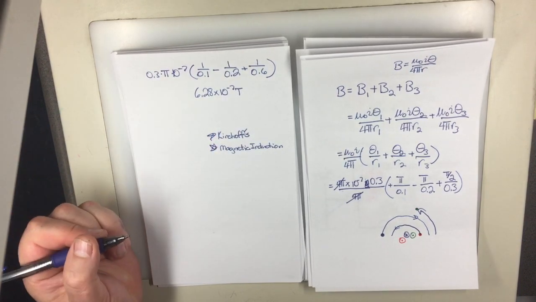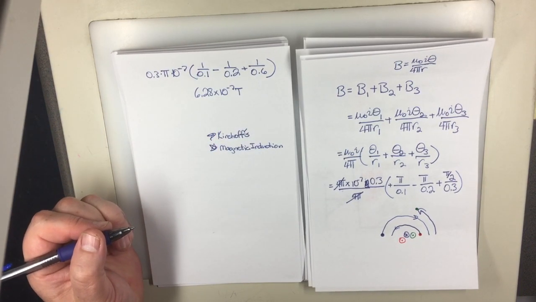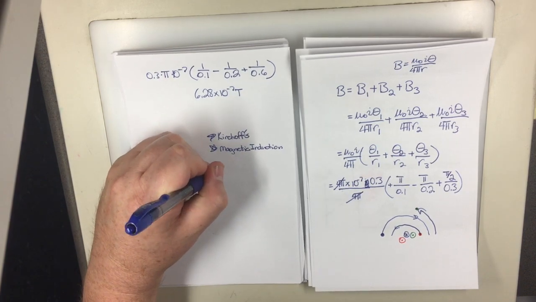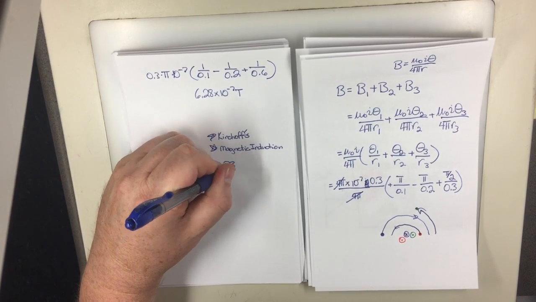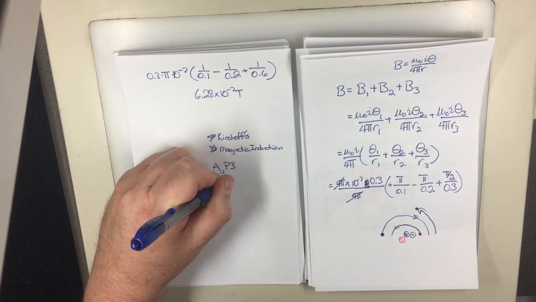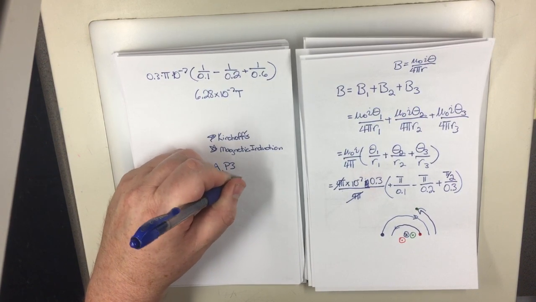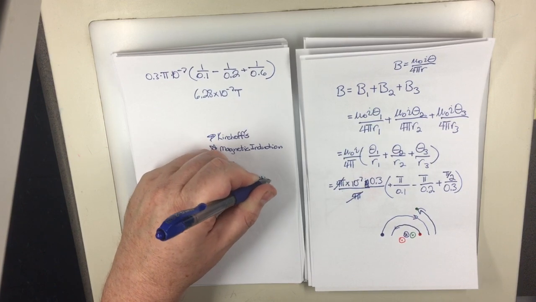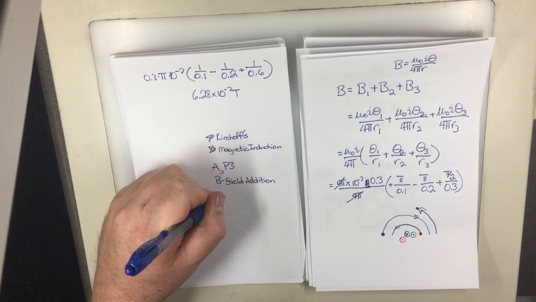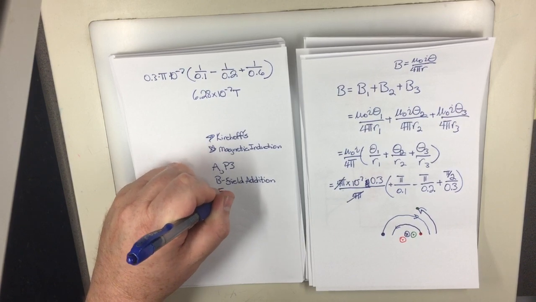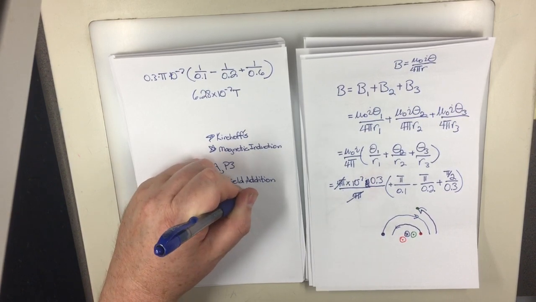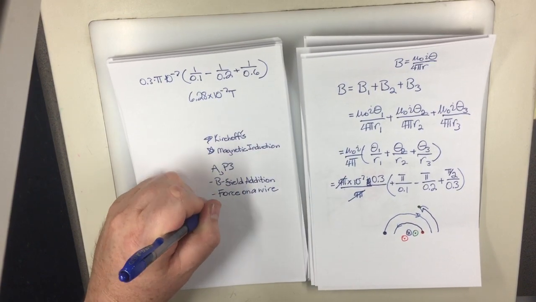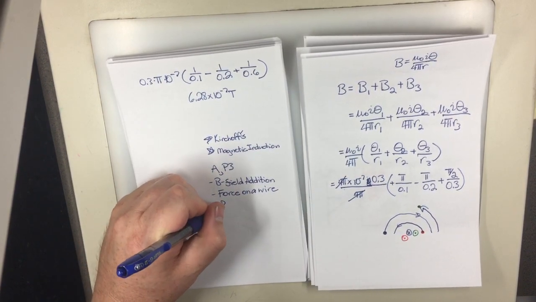Which means I'm left with an appetizer problem and a full problem. And this could be like B field addition. Force on a wire. Ooh, another good one. Particle spectrometer.